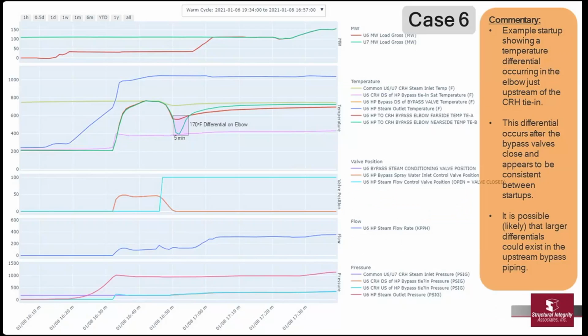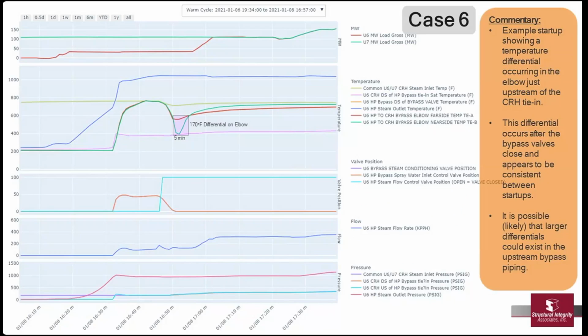So when they operate that bypass, you are seeing a differential, and if you're seeing it there, the question begs: how large of a differential am I seeing further upstream at the outlet of the attemperator?